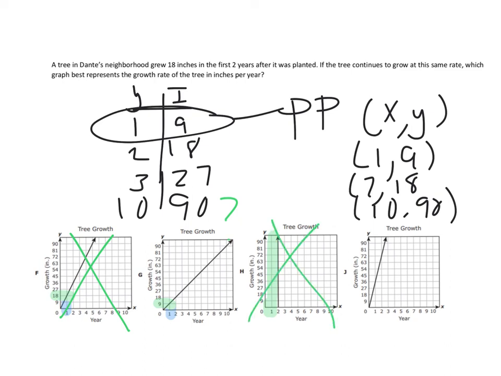And then let's check the last one. 1 for x, and then 27 for y. 1 and 9 is not an option on that graph, so that is not it. And we can check the other points on G as well. 3 should line up with 27. It does. And 10 should line up with 90. It does. Therefore, G is my correct answer.